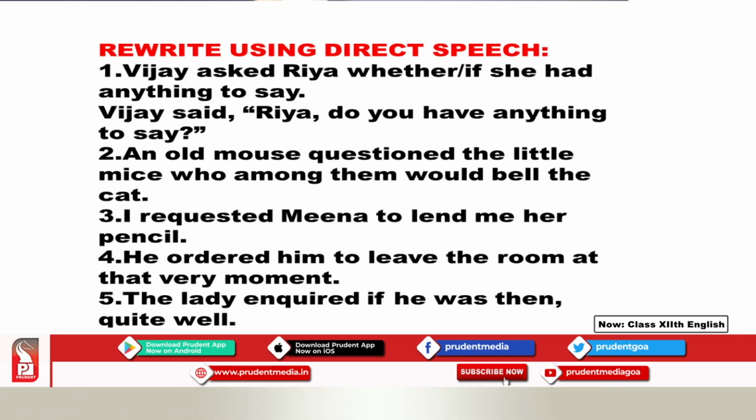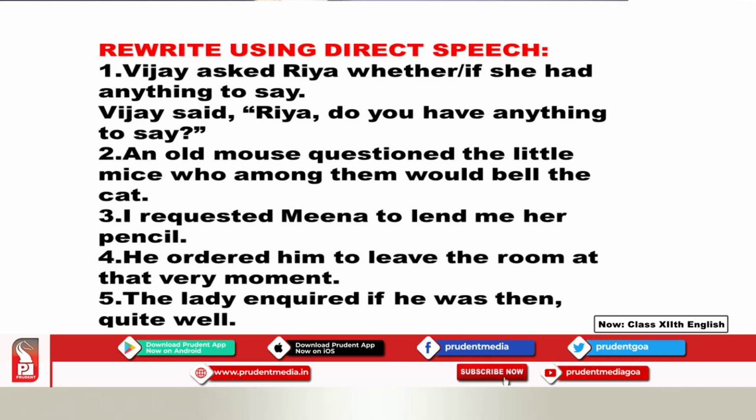Rewrite using direct speech. The first sentence, Vijay asked Riya whether or if she had anything to say. Vijay said, "Riya, do you have anything to say?" So please note the punctuation mark.